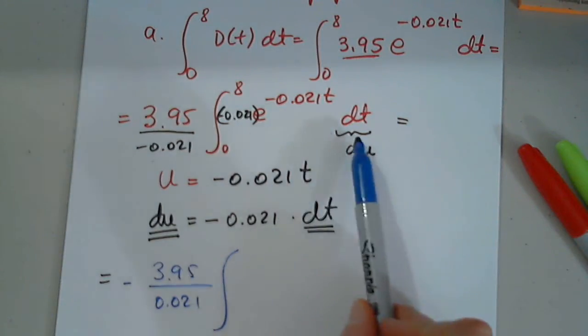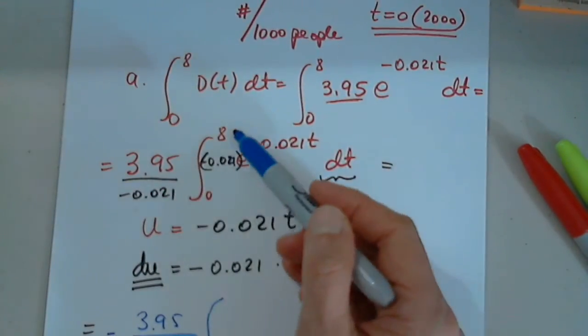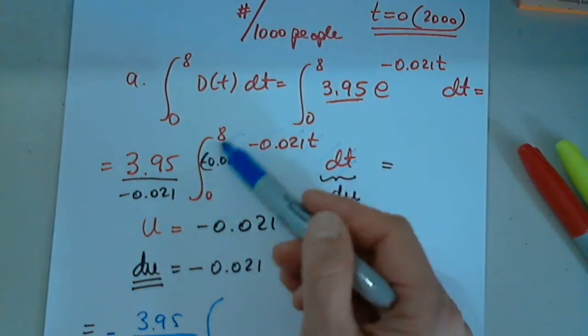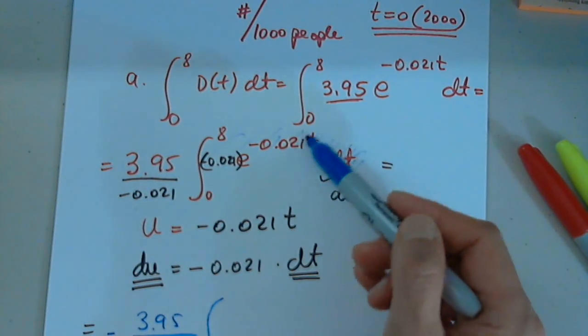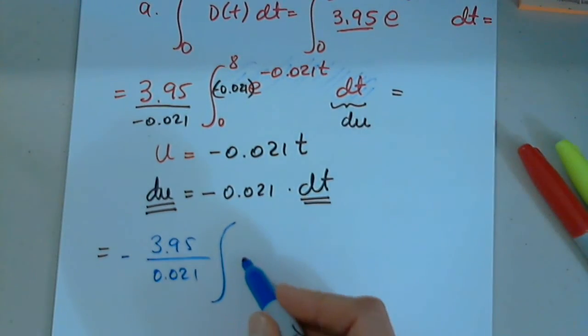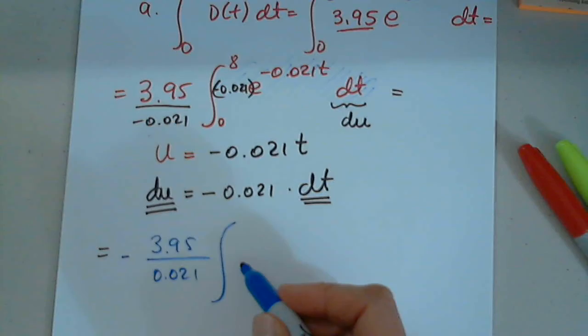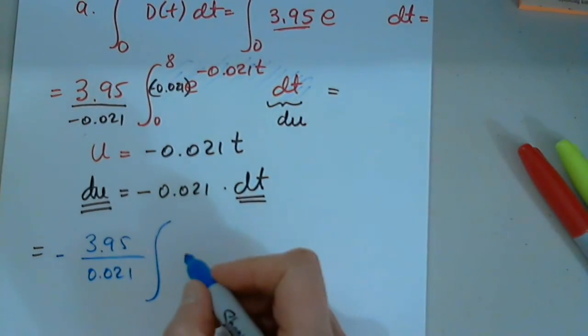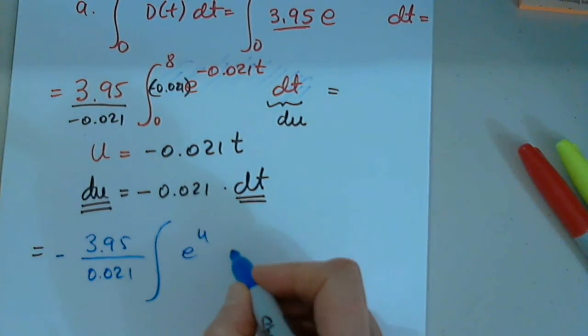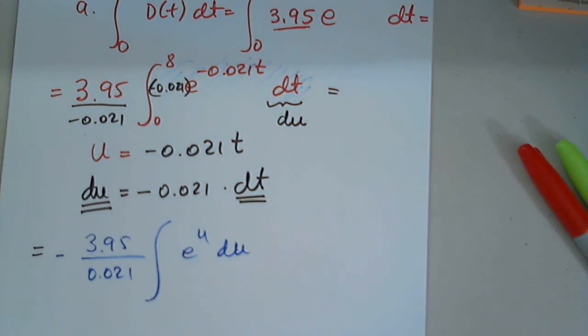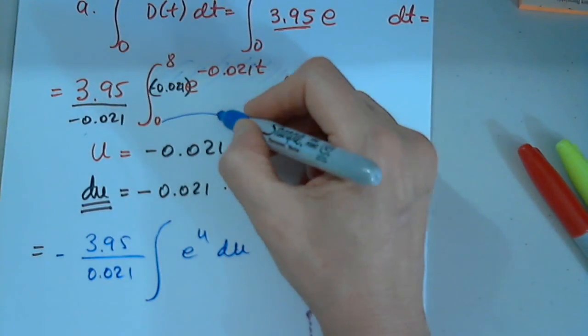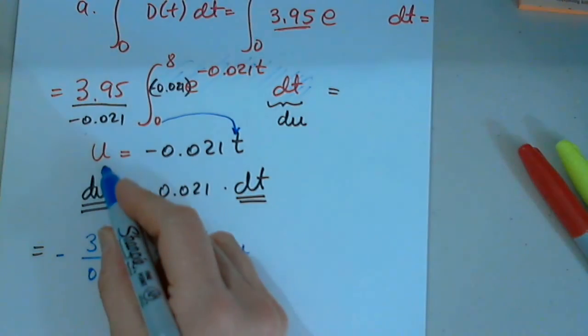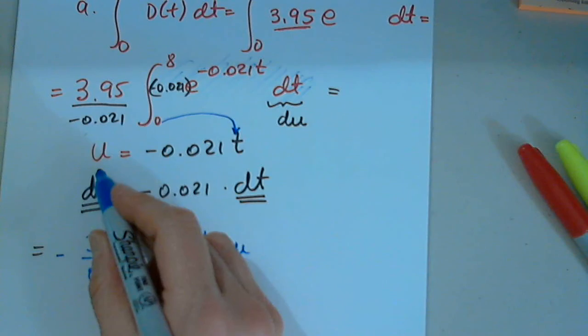But tell me what we have to write. What is this going to be replaced by? Everything has to be replaced by something. E to u, du, sorry. Exactly. So now please plug in 0 and tell me the lower limit for u.